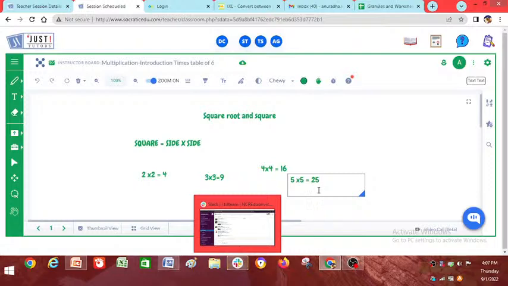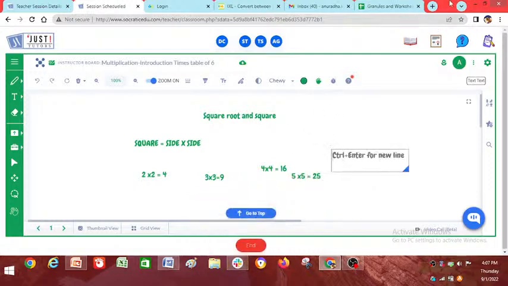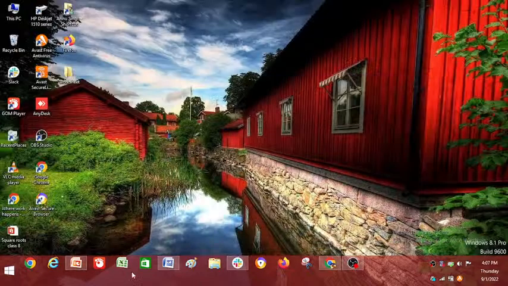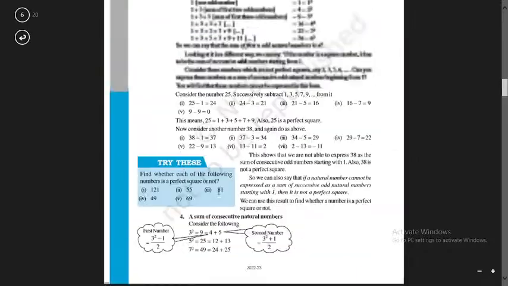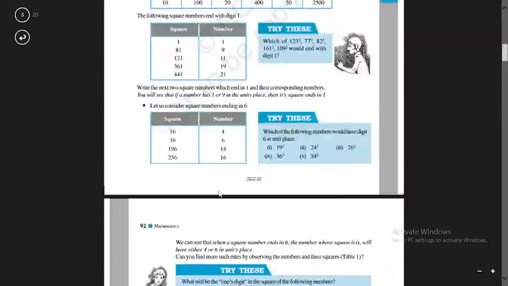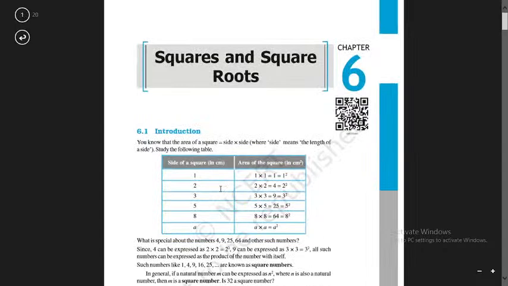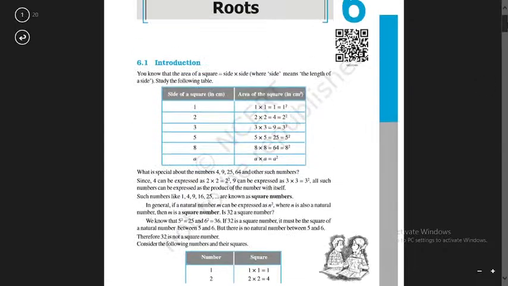So now we will move on to the textbook. So let's get started. We know that the area of a square is side by side, as I told you just now, and the square of 1 can be written as 1 times 1, that is 1 square.